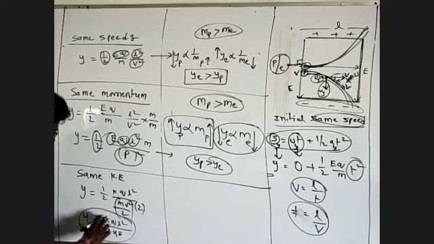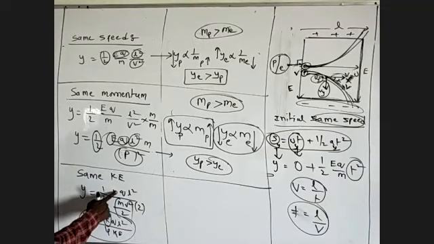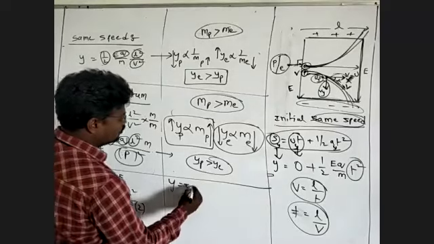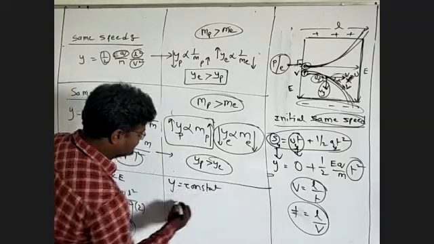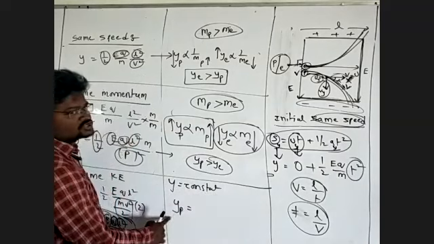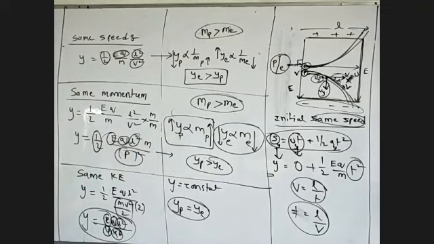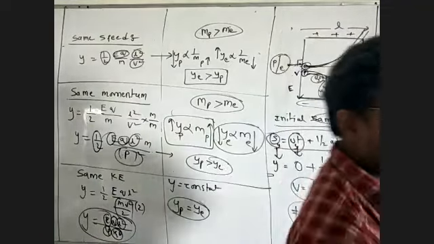Here the intensity of electric field is constant, q constant, l square constant, 4 constant, everything is constant. Y is equal to constant means the displacement of the proton is equal to the displacement of the electron. Both are equal in this situation. That is the conclusion.